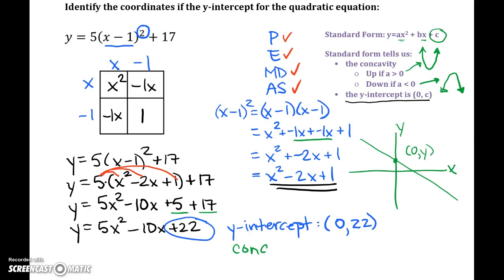So our concavity, we know that it is concave up because that leading coefficient, or the a value here, is a positive value. So then it's going to be concave up. So that's how you identify the coordinates of the y-intercept when an equation is given in vertex form.